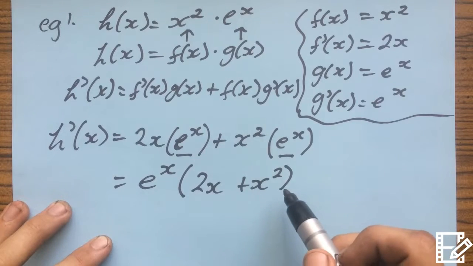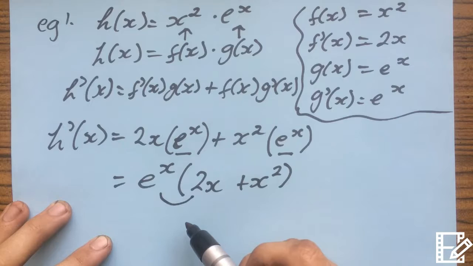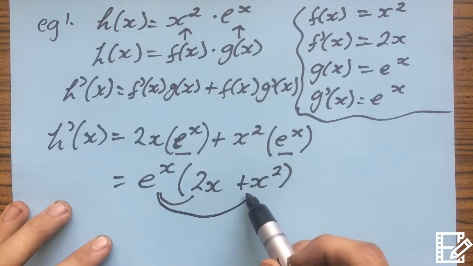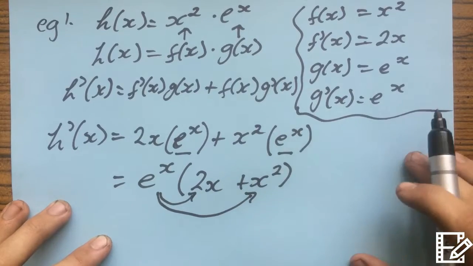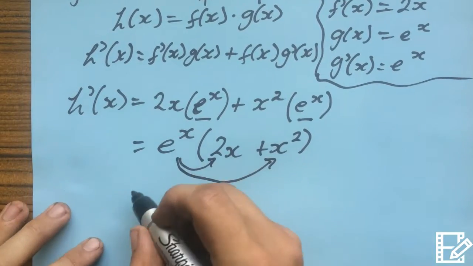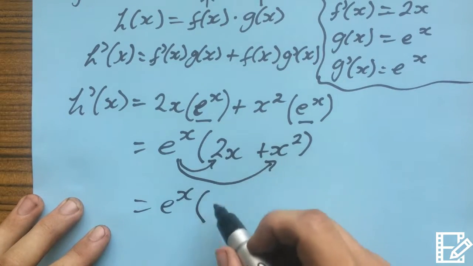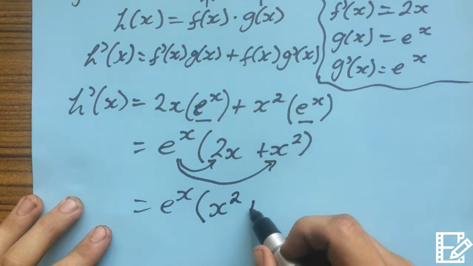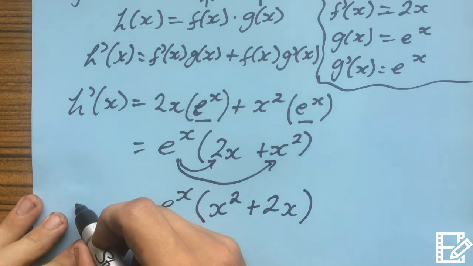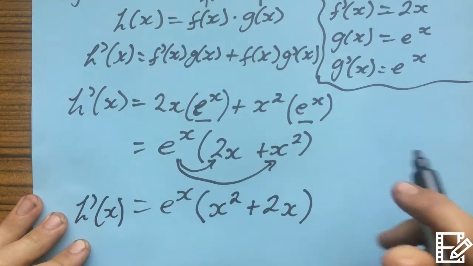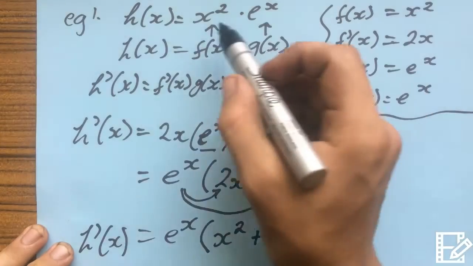Because if we were to expand these brackets, we would end up with e^x multiplied by 2x and e^x multiplied by x squared, as such here. So this is just a simplified, neat way of doing it. We can also rearrange it because you usually have the highest power out the front. And that there is the first derivative of the function up here.